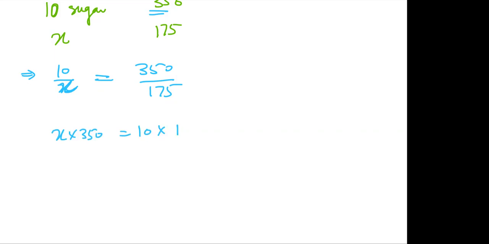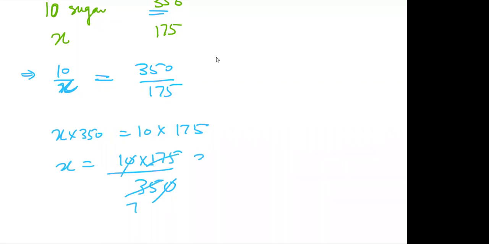So X is equal to 10 into 175 upon 350. So 0, 0 cancel. 5 7s are 35, 5 3s are 15, 7 5s are 35. Sorry, I am so sorry, X is equal to 5, not 35.